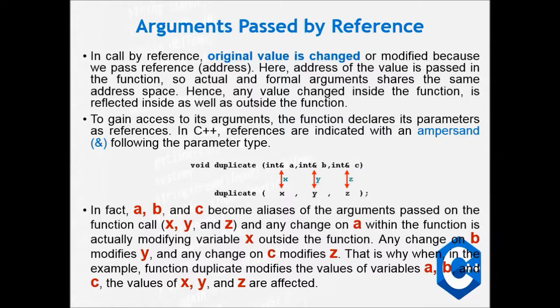To gain access to its arguments, the function declares its parameters as references. In C++, references are indicated with an ampersand, the and operator, following the parameter type.